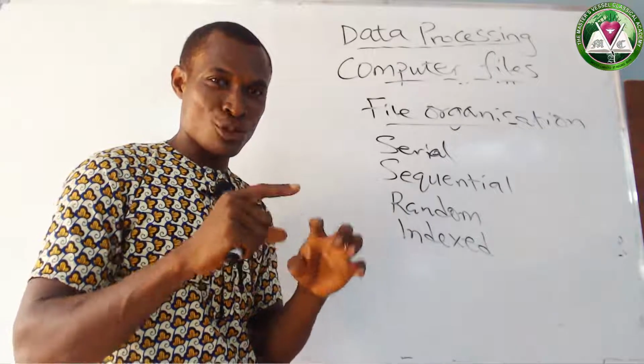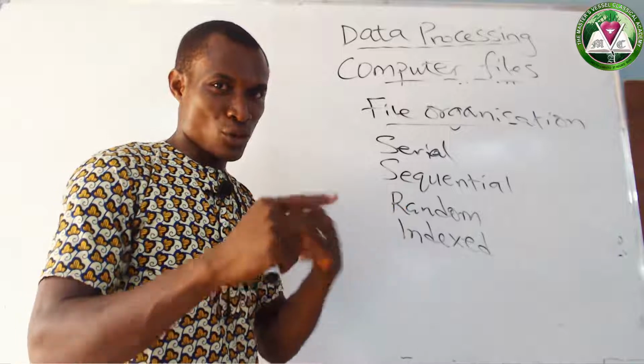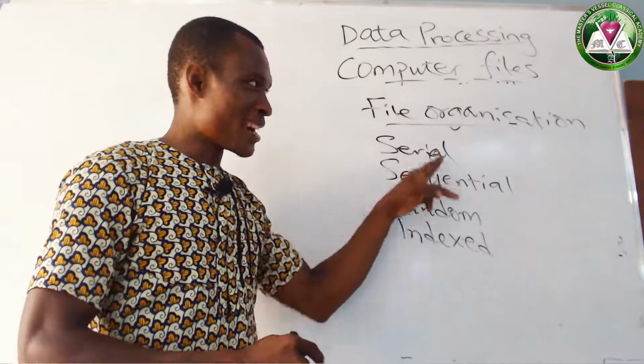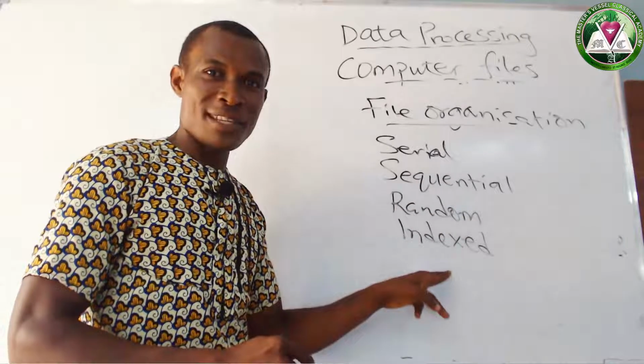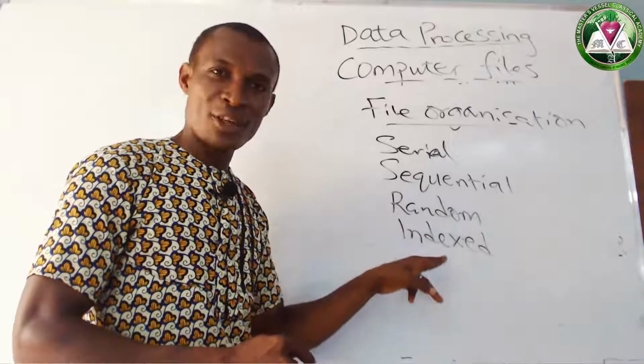Remember, I said you should look at the 3. After that, you note the differences. As well, you write down the storage devices that can allow this kind of file organization.